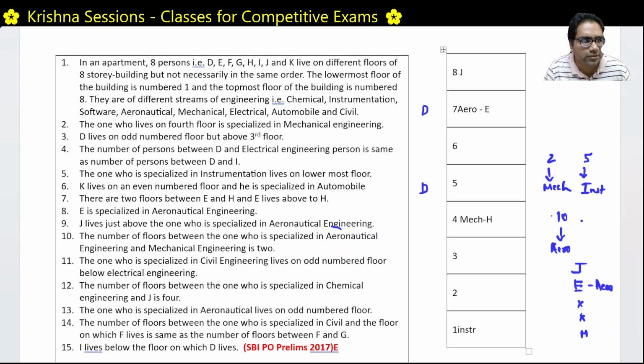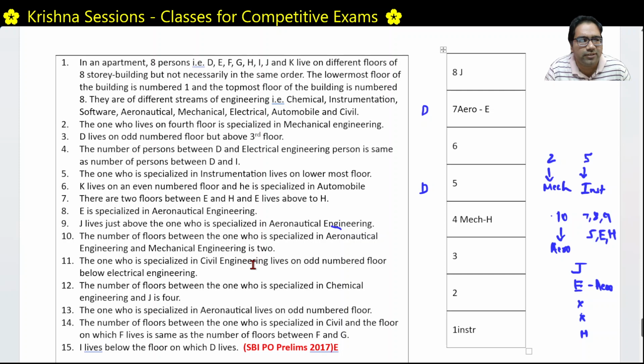Then we have used 7, 8, 9 to derive the position of J, the position of E, and the position of H. With this, we have derived where H is, where aeronautical is, and where J is. We used 7, 8, 9, 10 also. Right. Then let's look at the next one.